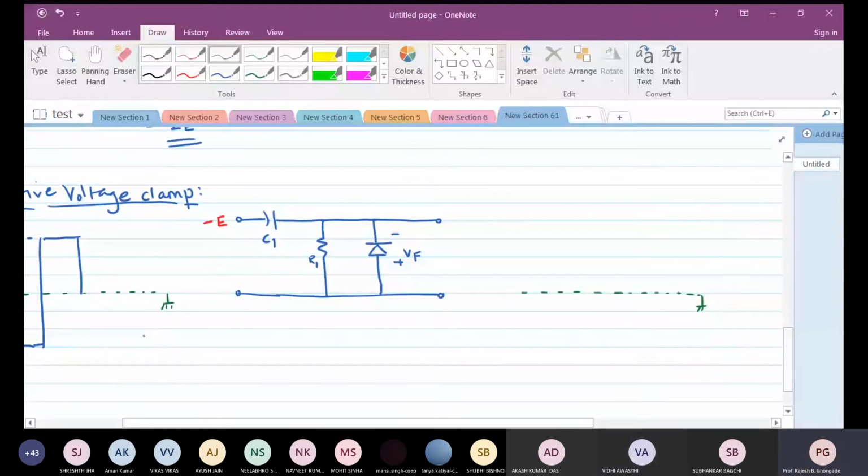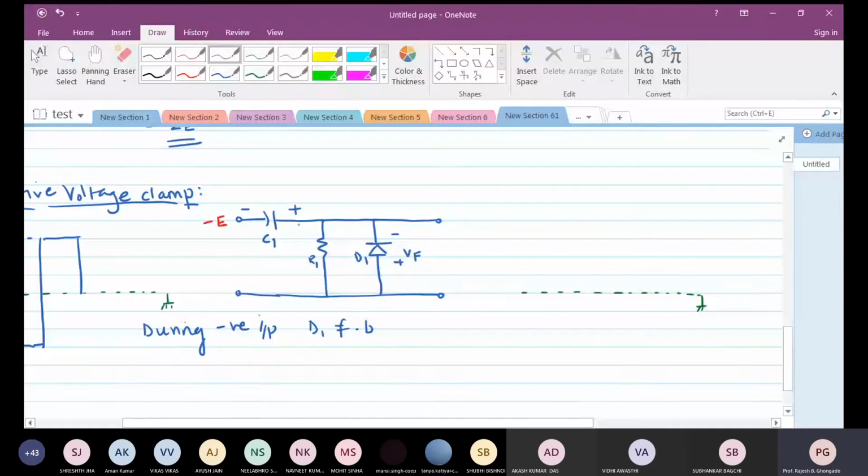During the negative half cycle, D1 is forward biased, and the capacitor now starts charging. Remember, this is negative, so that is the reason your polarities will be different. Polarities across the capacitor will be like this.